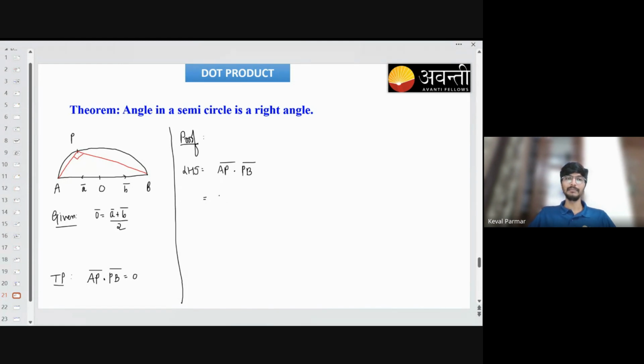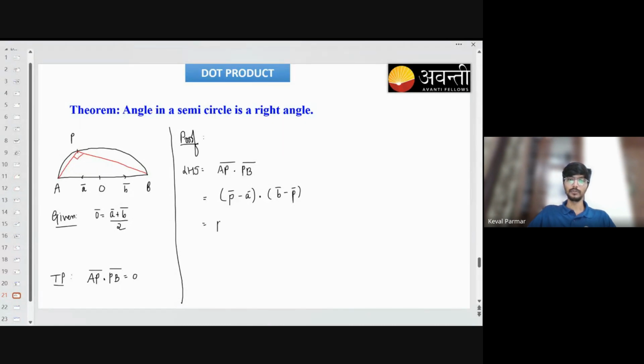I can write AP bar either using the triangle law, or you can use the position vector theory. So I prefer position vector. So I'll get P bar minus A bar dot B bar minus P bar.